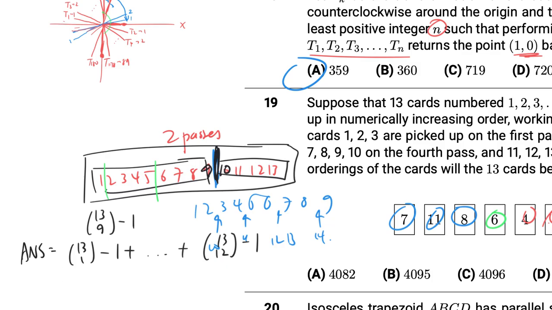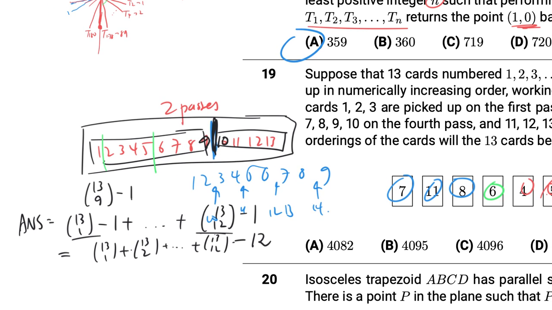And so here, we notice that if we collect all the 13 choose something, 13 choose 2, all the way to 13 choose 12, this is minus 12, so we got 12 ones. And then here, this is just 2 to the 13, minus 2, right?